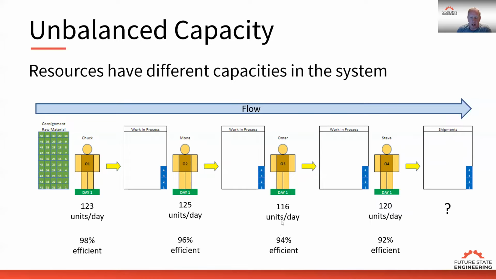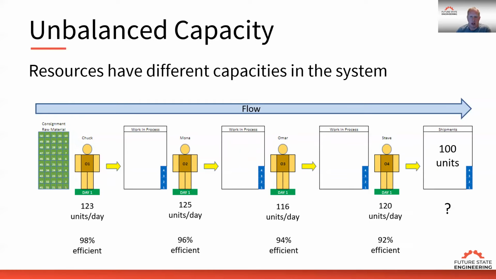Now I can take Omar's efficiency times Steve's efficiency, 94 times 92, by decoupling the upstream operations, and now the system can become more effective. When I take those two efficiencies times the bottleneck resource of Omar, 116, I actually get 100 units per day. My demand rate is 100 units, and now I have the capability to produce those 100 units.